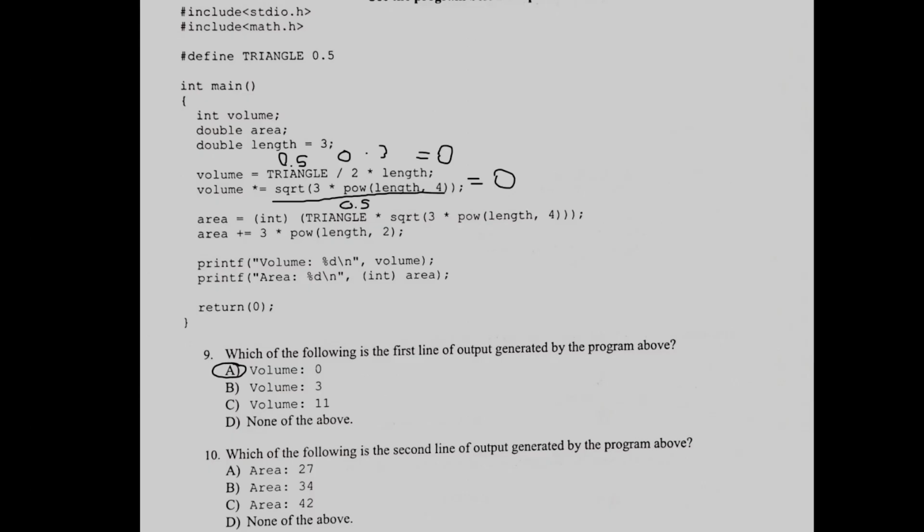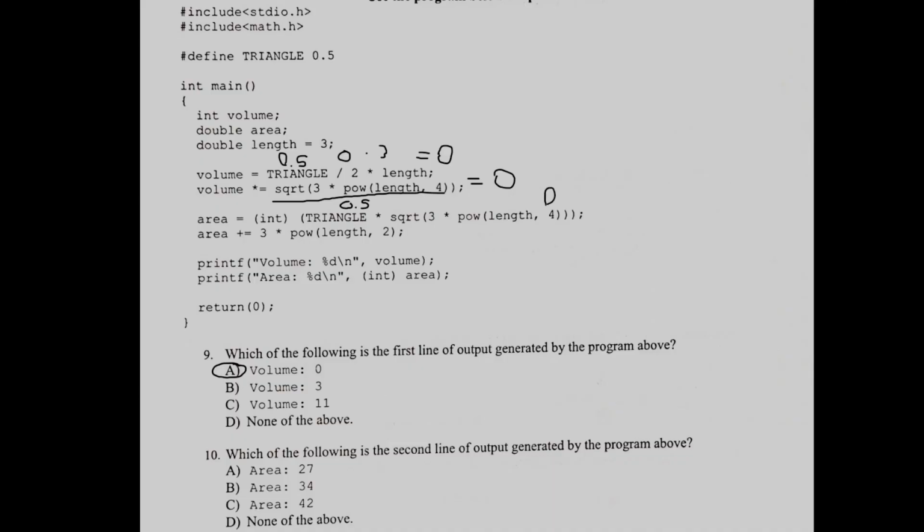Question 10. It asks us which of the following is the second line of output generated by the program above. So what's the output of the second line when it's printing the area? To calculate that, we have to calculate 0.5 times the square root of 3 times 3 to the 4th. 3 to the 4th is 81, times 3 is 243.